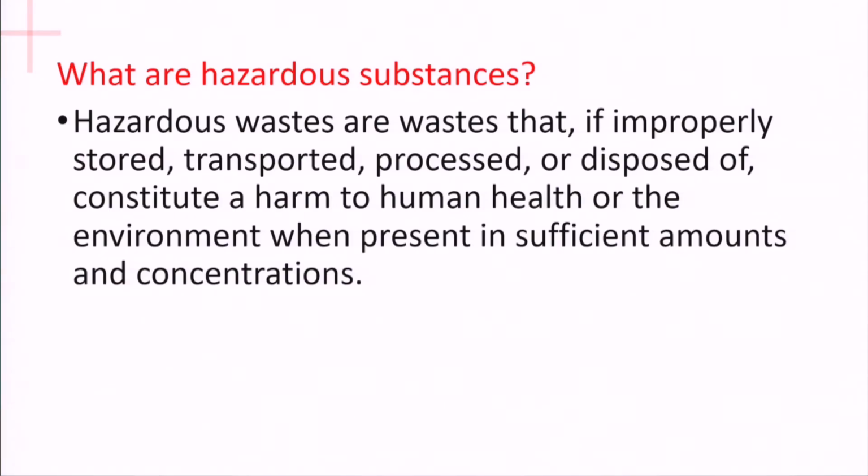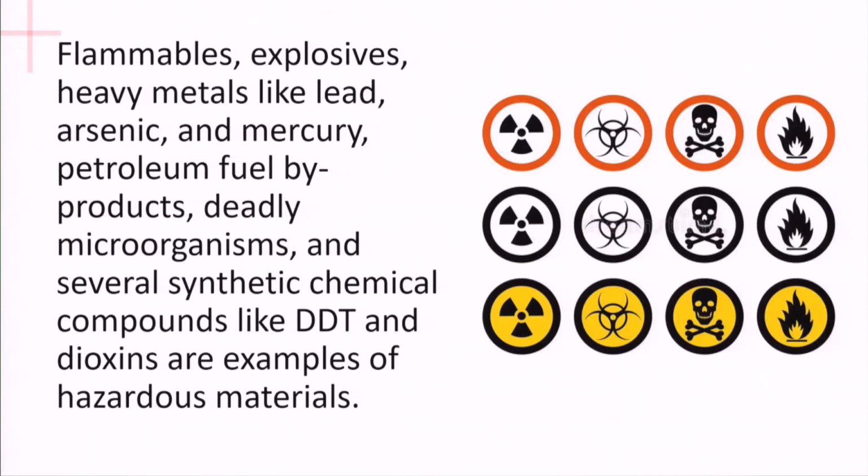Now, what are treated as hazardous substances and on what are these regulations based? Hazardous wastes are wastes that, if improperly stored, transported, processed or disposed of, constitute a harm to human health or the environment when present in sufficient amount or concentration.